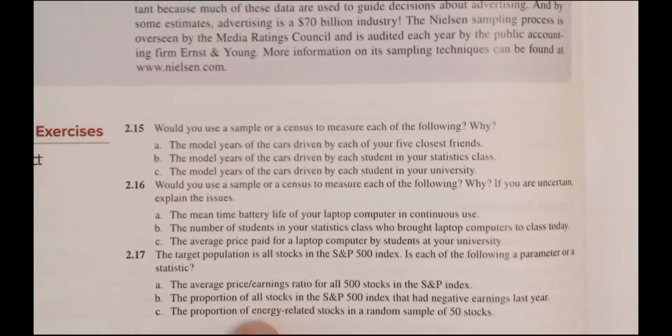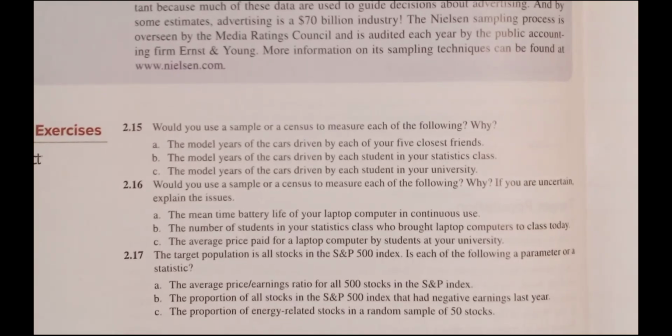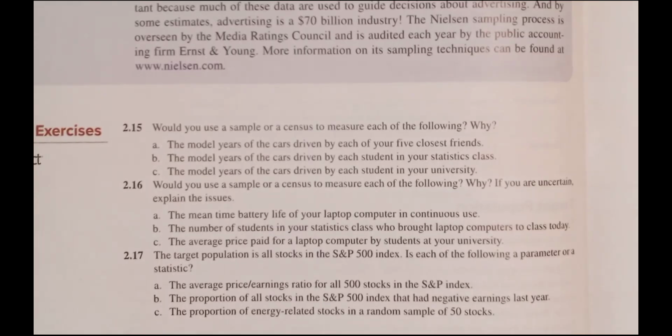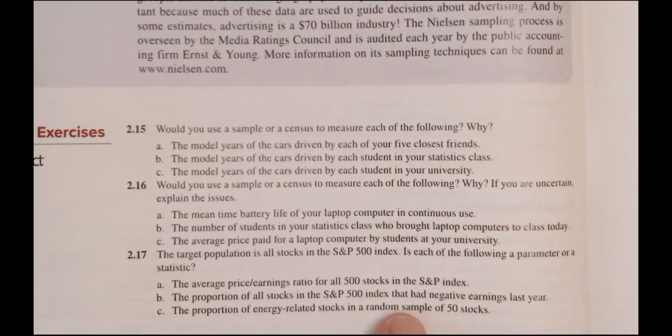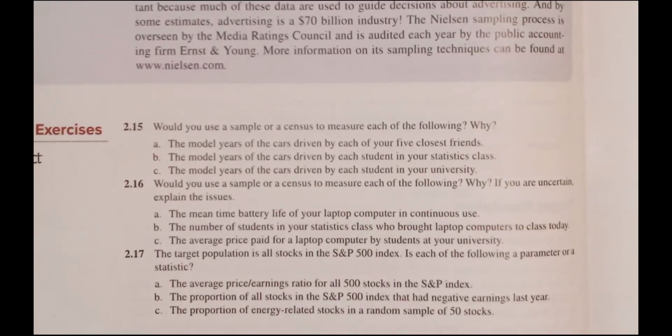Yeah, there's that word all again. So this really is a parameter, isn't it? How about the last one? The proportion of energy-related stocks in a random sample of 50 stocks. It does literally say sample. So we knew we didn't take them all.